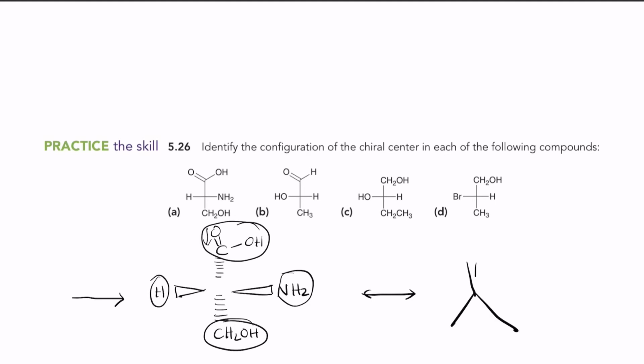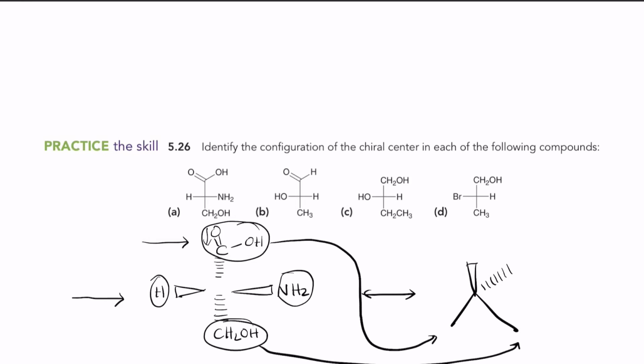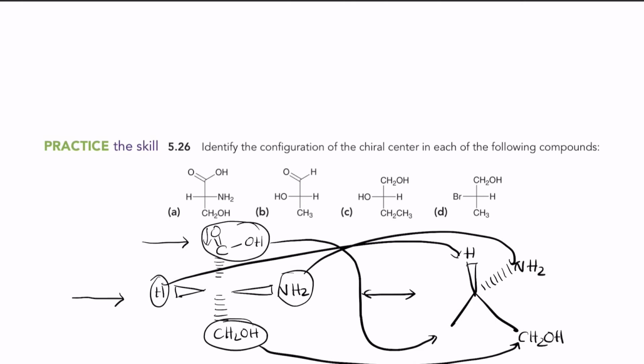What we are trying to do here is convert that into this format. So how would you write that? This comes right here, this comes right here, NH2 is on the back side, so it will go here, and H will come here. So it becomes H, NH2, CH2OH, and COOH. This is how you can convert a Fischer projection into a normal structure. Now we have written the structure in this format.